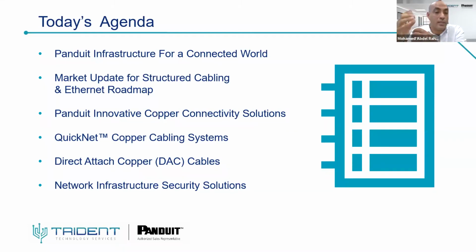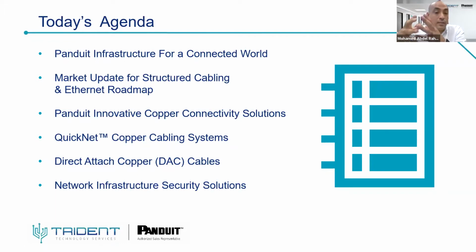Then we will talk about the Panduit innovative copper connectivity solutions. The QuickNet copper cabling solutions, we will discuss in brief, covering pre-terminated solutions, for when the terminations and testing cause issues with the time for the installation or testing of your network.